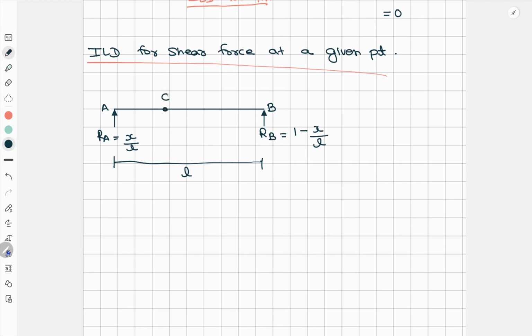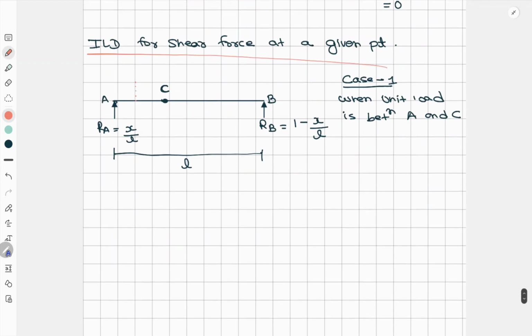Now what we'll do, we'll consider one point here. Okay, let it be C point. So we are finding the shear force for this particular point, that is C. Okay, so now it's for the case 1. Now here we'll assume that the unit load is between A and C. Okay, so here I'll write when unit load is between A and C, it will be somewhere here.